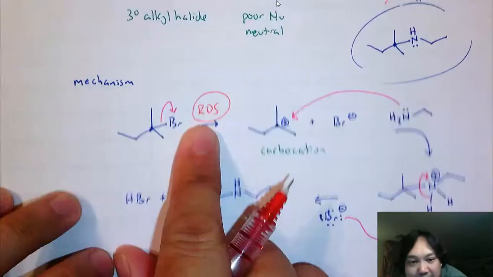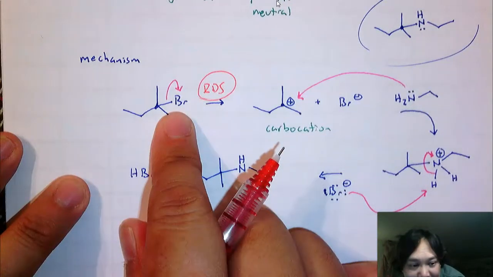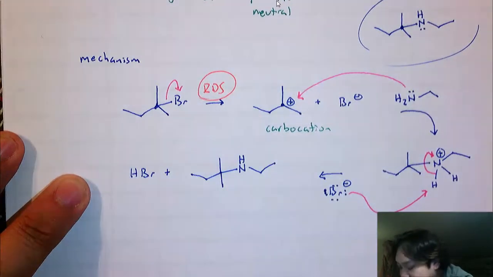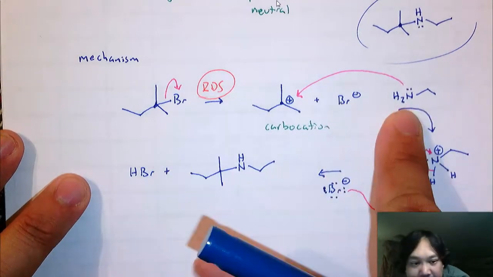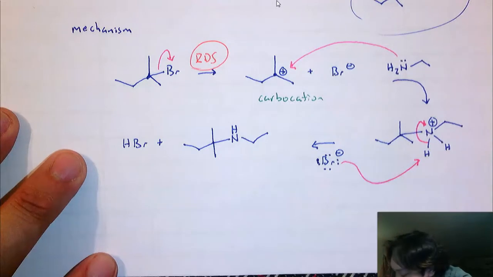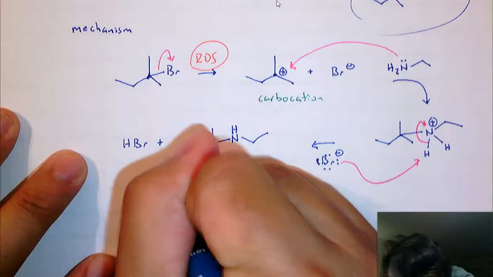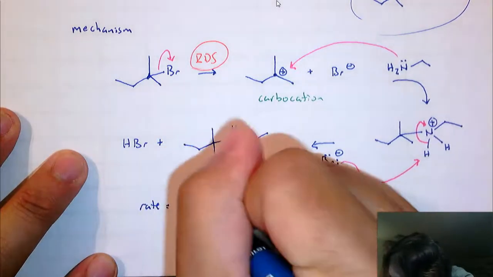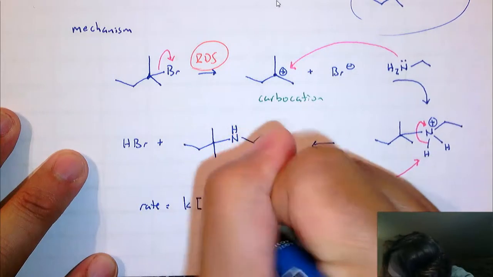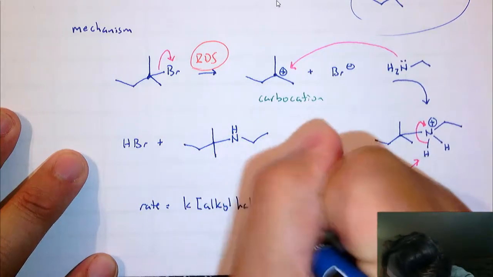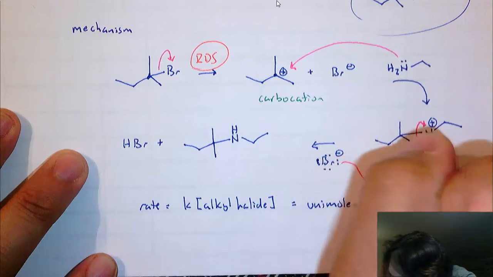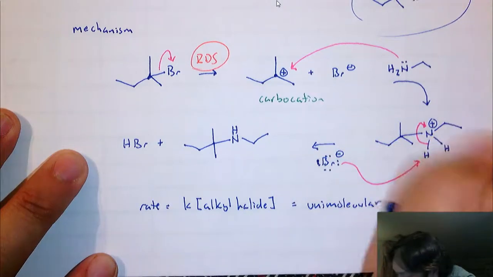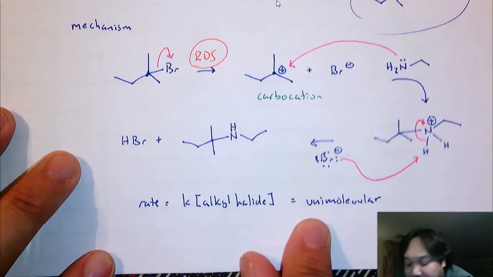The slow step is the step where the gray cat leaves. The gray cat left on its own. It didn't have any help from the orange tabby. So in this case, the rate equals just based on the concentration of the alkyl halide. That's why this is called unimolecular. It's only dependent on one molecule.